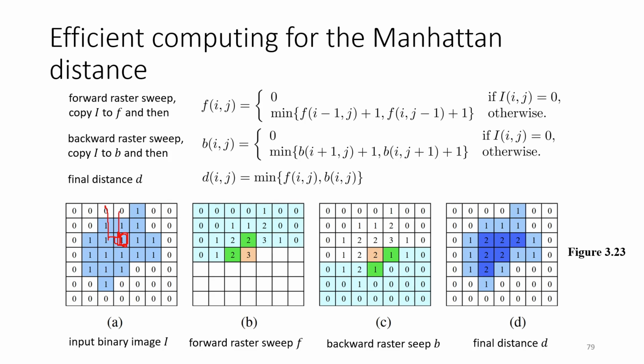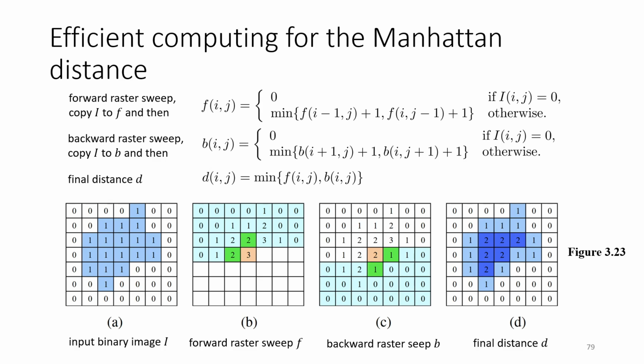And how to calculate it? Manhattan distance only cares about the vertical step and the horizontal step. There are two paths. For the first path, it calculates from the left and the upper side values. If the value is 0, of course, the value is still 0.